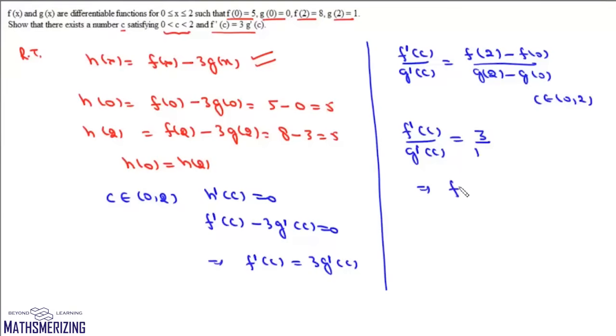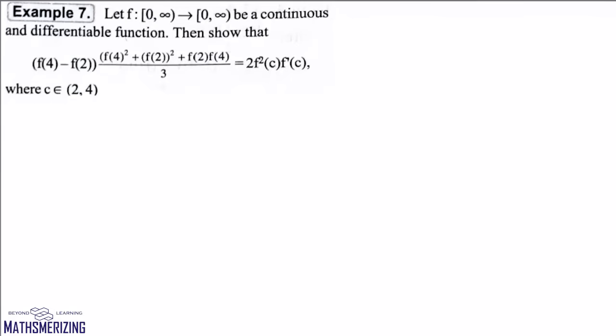So from here we can say f dash C is equal to 3 times g dash C, which is what we need to prove. Now here the question is, if function f is continuous and differentiable, then we need to show that (f4 minus f2) times (f4 square plus f2 square plus f2 into f4) by 3 is equal to 2 f square C into f dash C. Now this is (a minus b) into (a square plus b square plus ab).